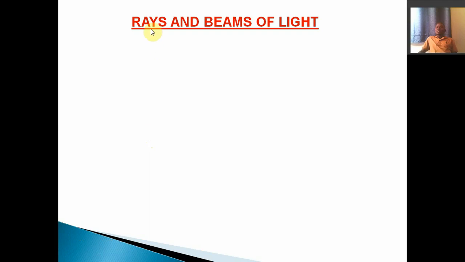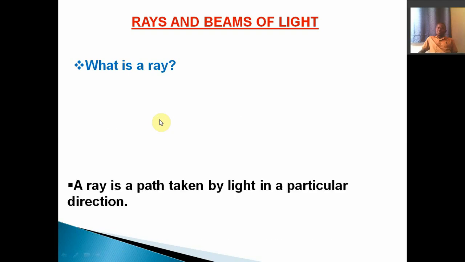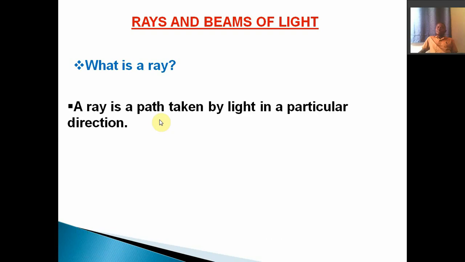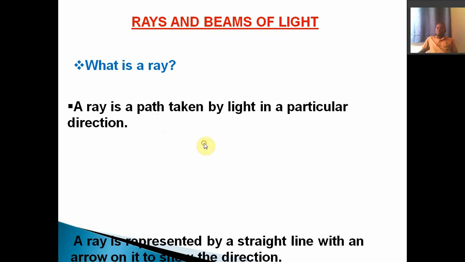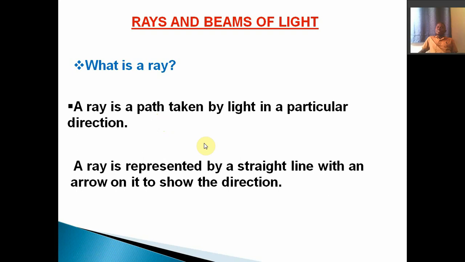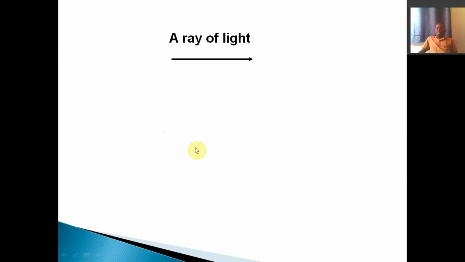Let's go on and look at rays and beams of light. What is a ray? A ray is a path taken by light in a particular direction. A ray is represented by a straight line with an arrow on it to show the direction of light.